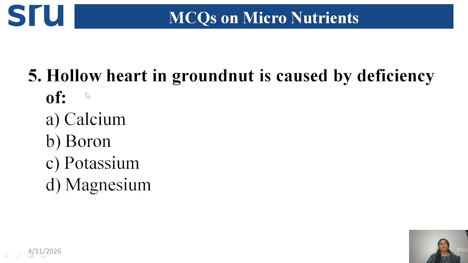Another one is hollow heart of groundnut, a deficiency symptom of boron. Hollow heart of turnip is also because of boron, and cracking of some fruits is because of boron. Hen and chick disease in chickpea is because of boron. Browning of cauliflower is because of boron.